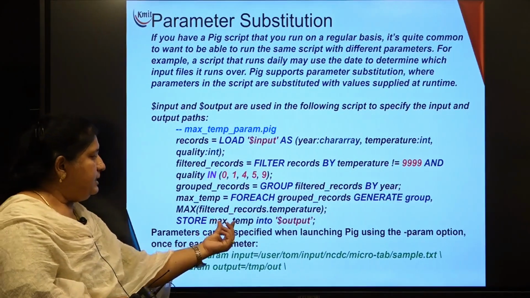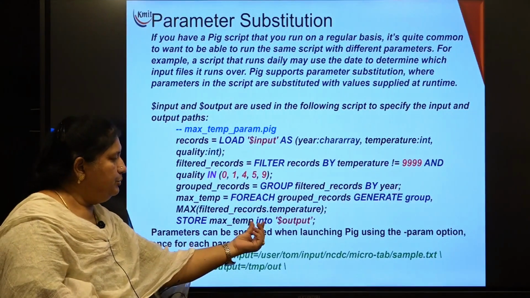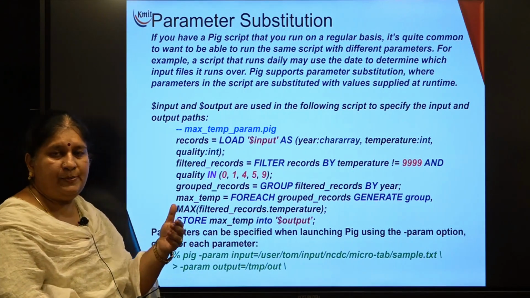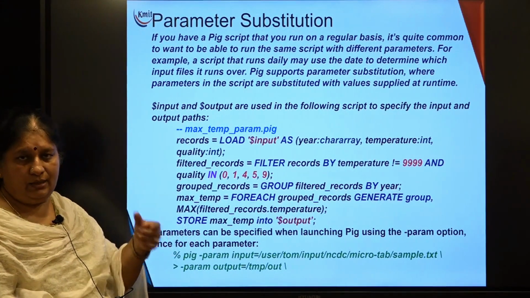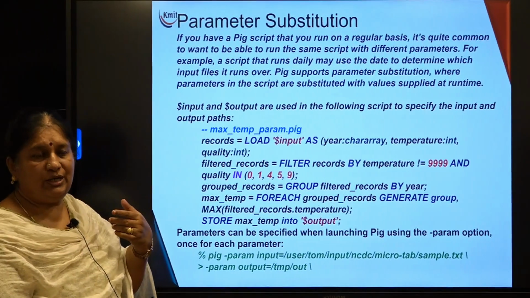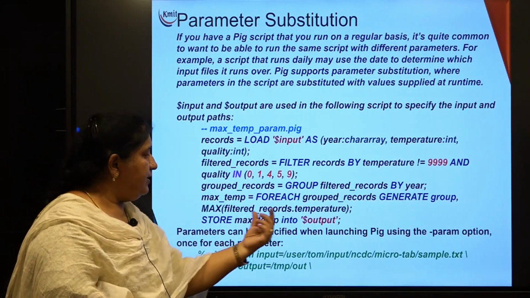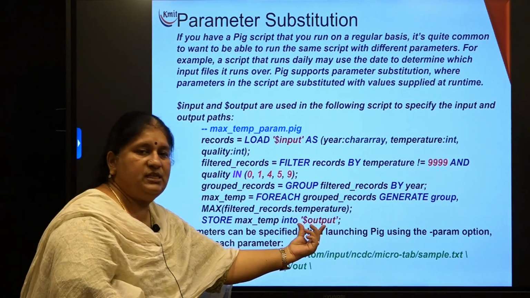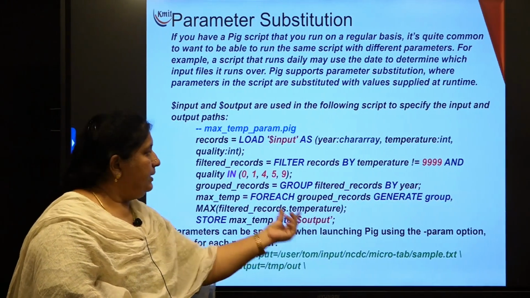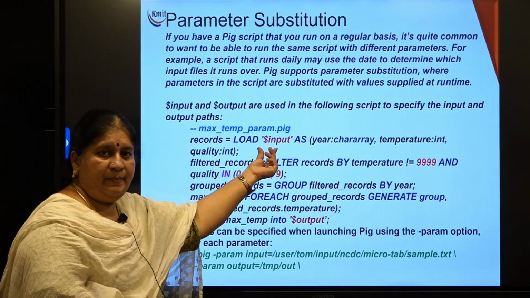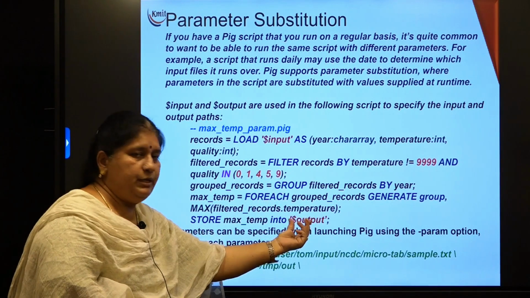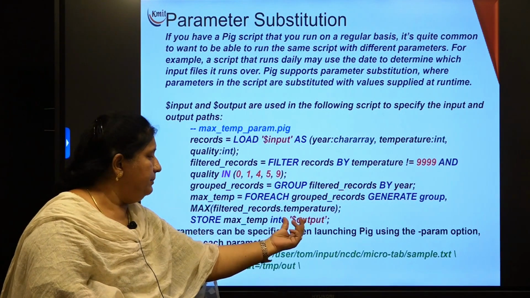Store maximum temperature into, previously you used to specify where the output is to be written. You exactly specify the relation name. Here we are not specifying the relation name, we are specifying the second parameter. The data set has become a parameter, and where the output is to be written has also become a parameter.